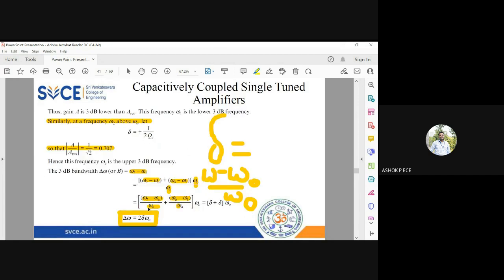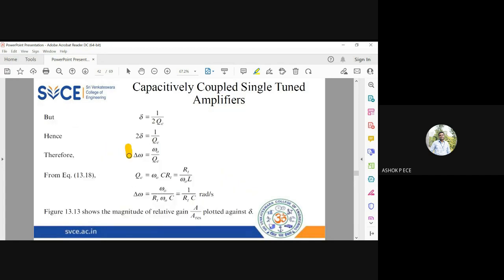So substituting here, delta omega equals omega naught by QE. Very, very important derivation. So we have found out the bandwidth of the tuned amplifier. Bandwidth equals omega naught by Q. Or in terms of frequency, bandwidth delta f is equal to f naught by Q.